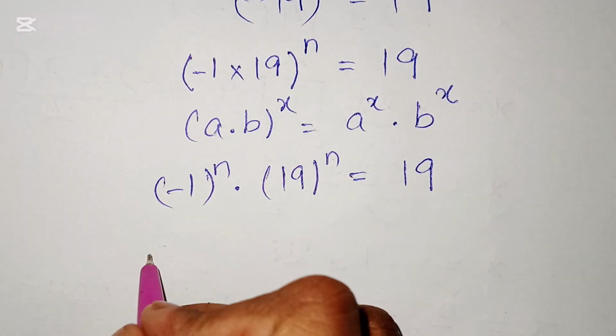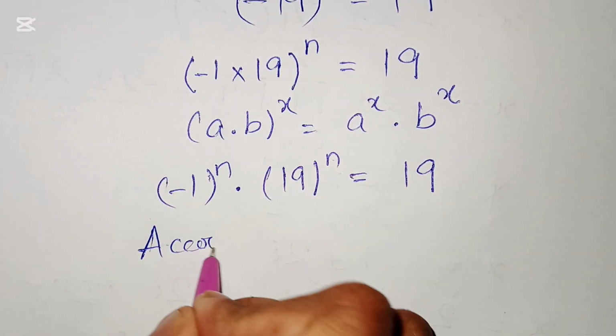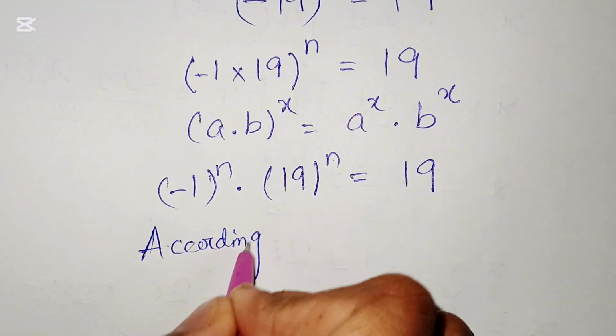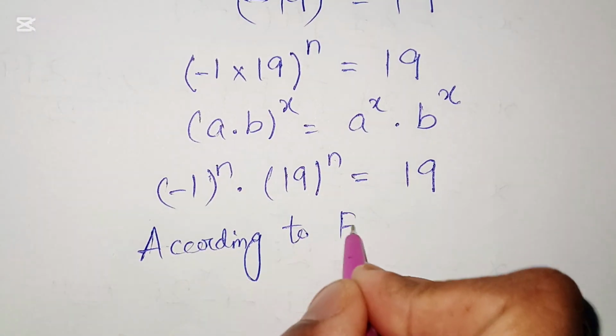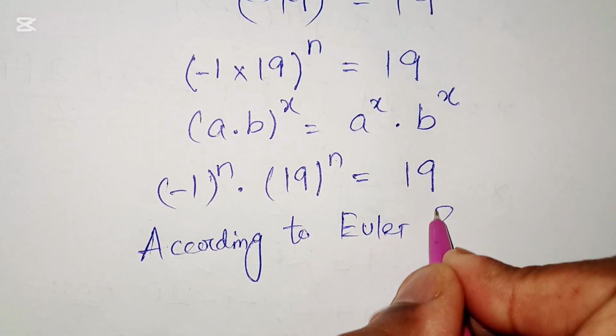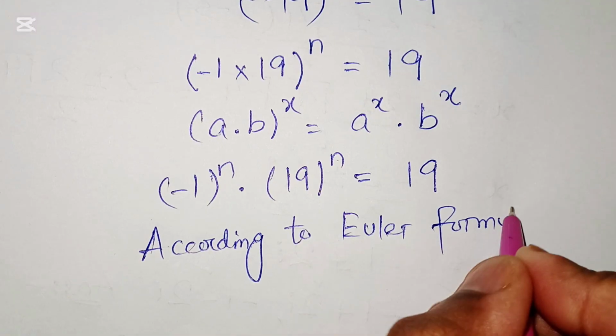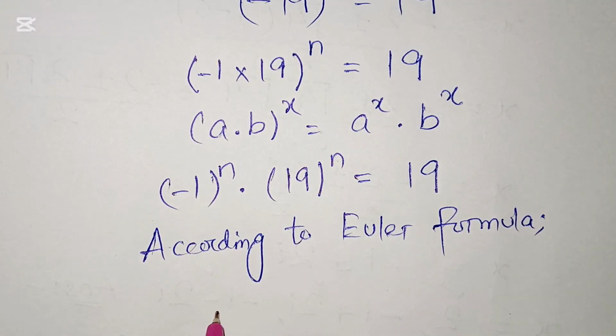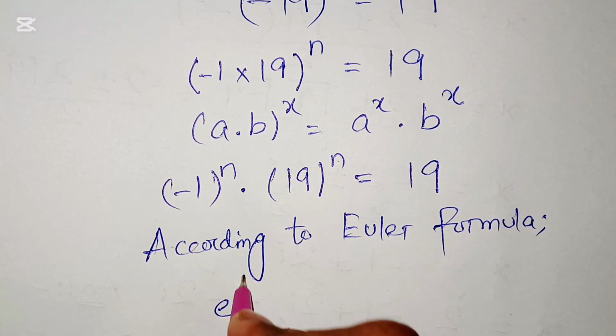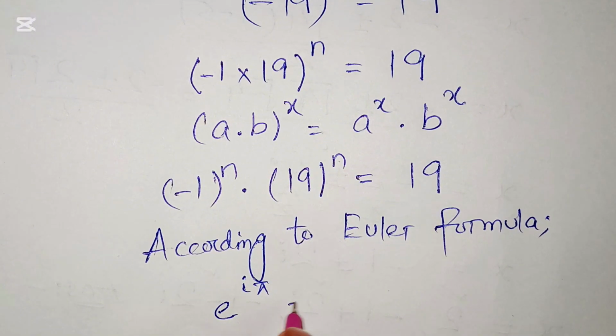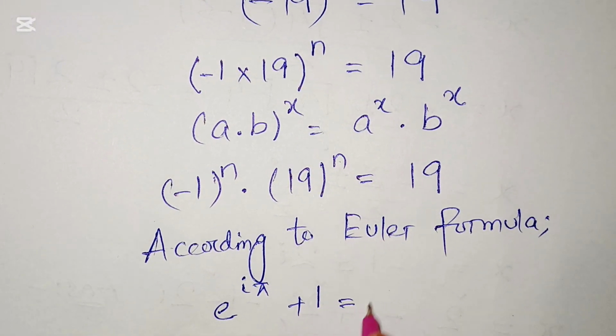Now, according to Euler formula, which is basically e raised to the power i pi plus 1 is equal to 0.